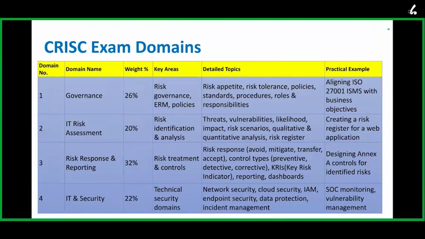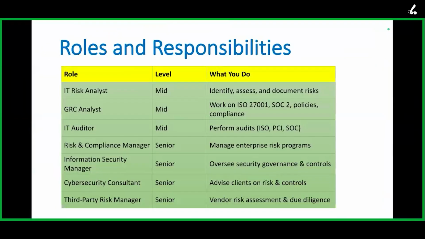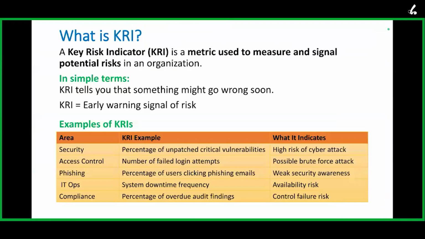Okay, so this is how the domain is, and we'll discuss the KRI. As I discussed, KRI is a metric used to measure and signal potential risk in an organization. We measure the risk based on the performance of the controls we implement. In simple terms, KRI tells that something might go wrong soon.